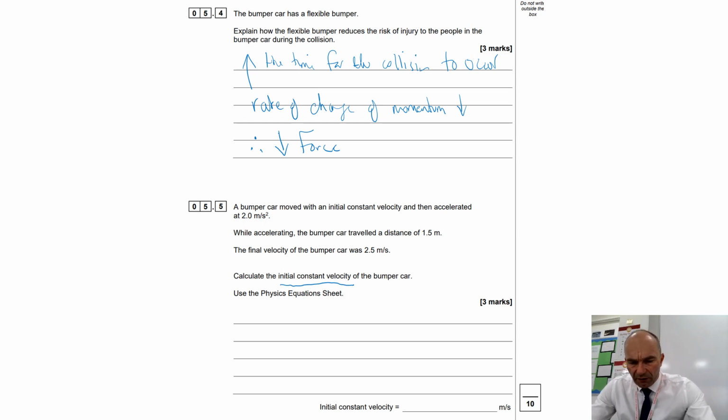We've got lots of data here. So we've got an acceleration of 2 meters per second squared. We've travelled a distance of 1.5 meters and the final velocity of the car was 2.5 meters per second. Now when you look at the formula sheet, you'll find this formula.